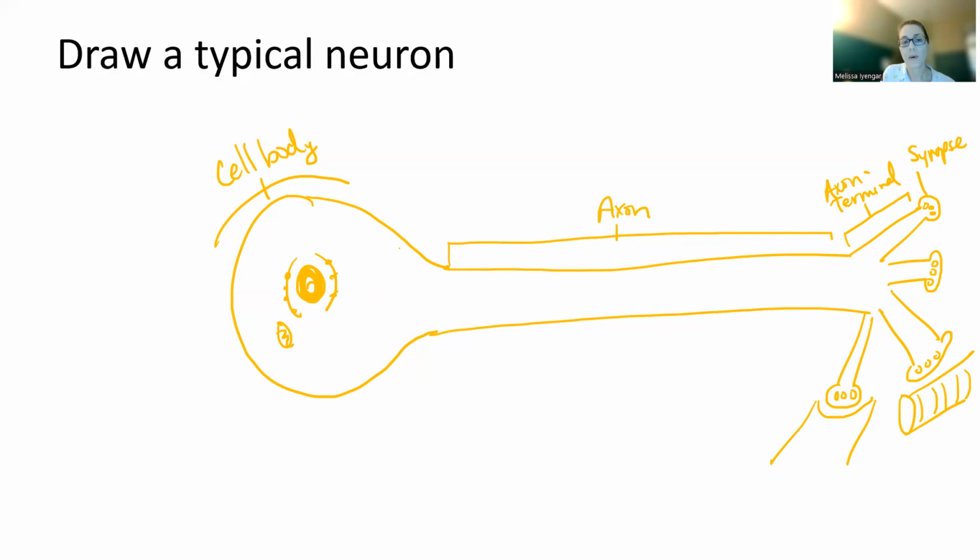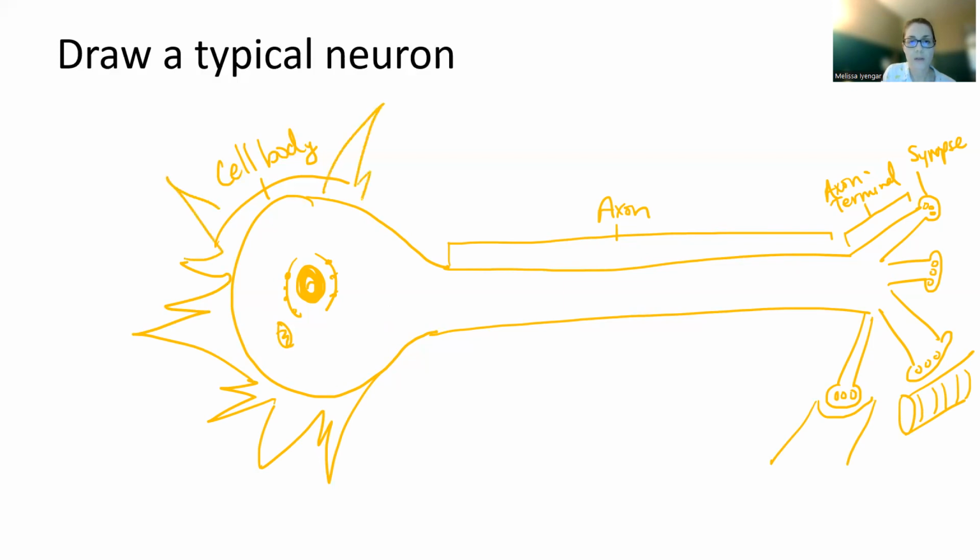So the only other part we didn't draw on our typical neuron is at the proximal end of the neuron. You're going to have shorter branches, and these shorter branches are the dendrites. The dendrites are the receptive area of the cell. It's the area that is going to be stimulated first. So these can be connected to another neuron.